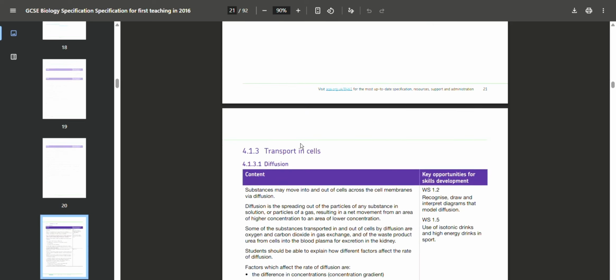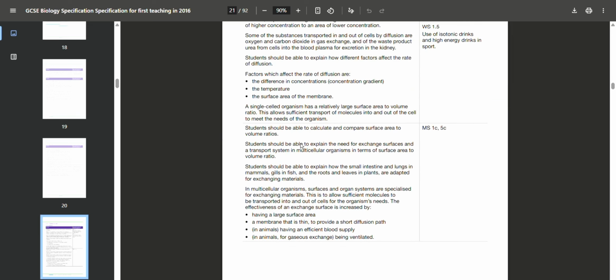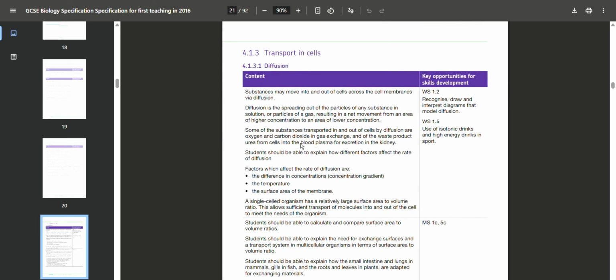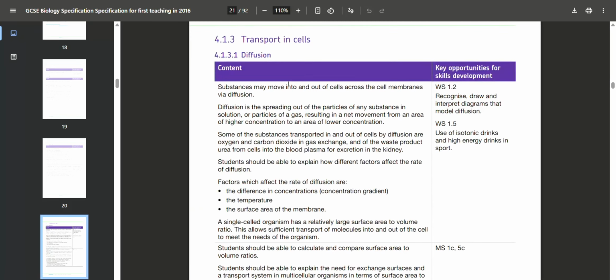Diffusion, for example, you've got the definition of diffusion there. And if you memorize this definition and you get a question on it and you write this definition down, it will get you marks in the exam. So it does give you some of the content that you do need to know.